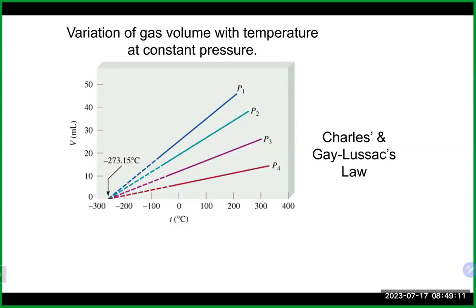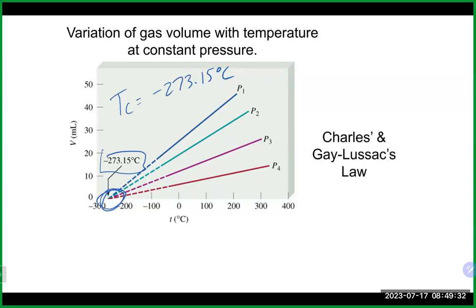If you take these sort of linear lines and extend all these lines back down to the temperature spot, they all hit the exact same number, which is a temperature in Celsius of minus 273.15 degrees Celsius. That number should look familiar. That is the number we use to convert to Kelvin.